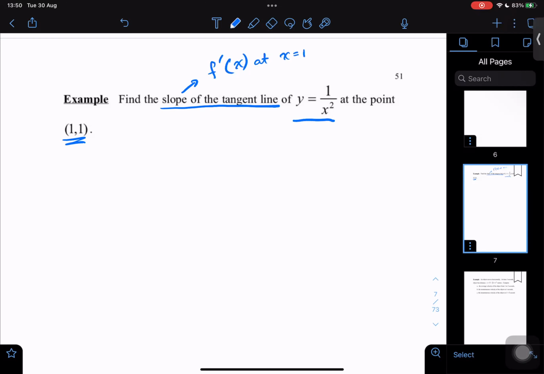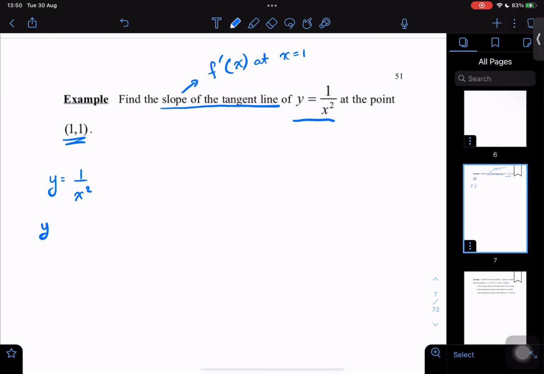So the equation is y equal to 1 over x squared, right? So what is the derivative of this equation?